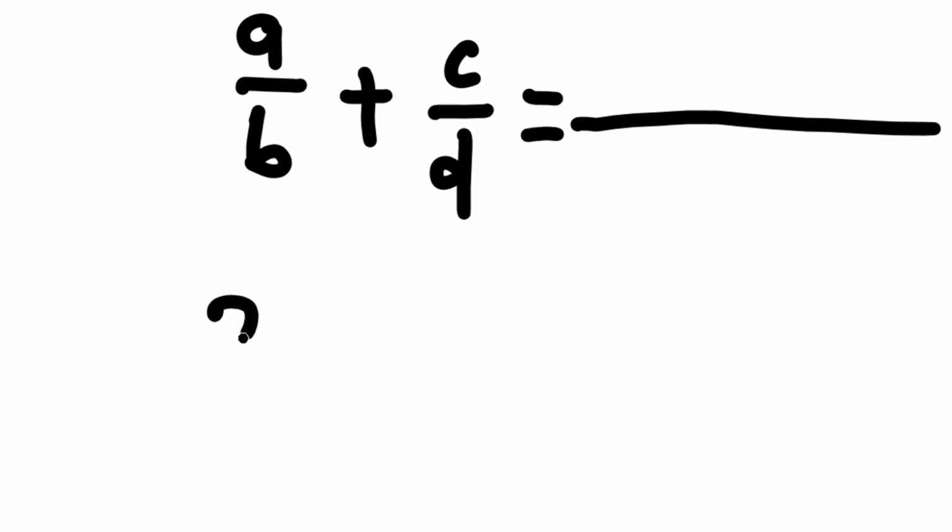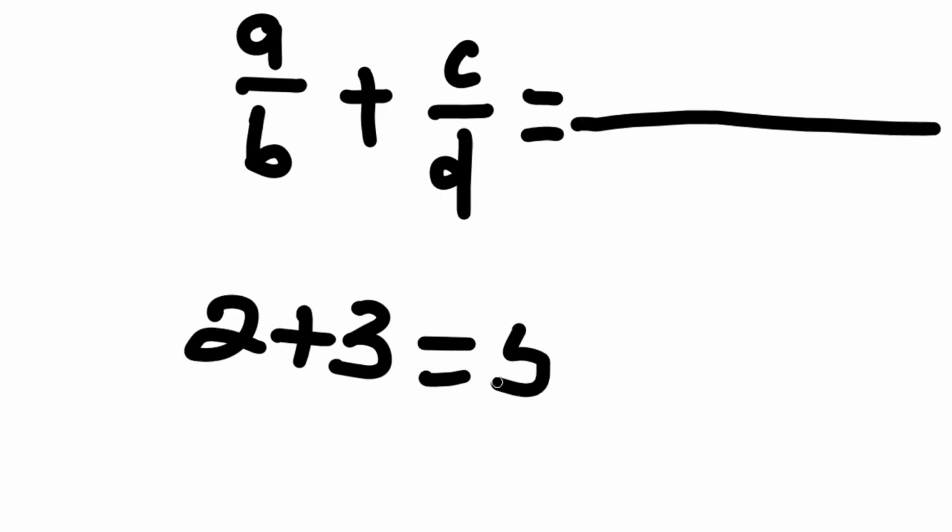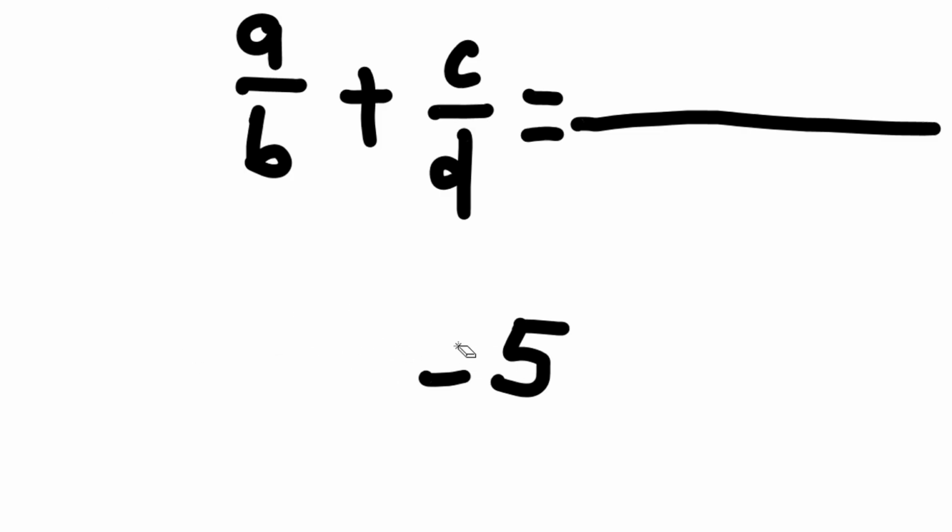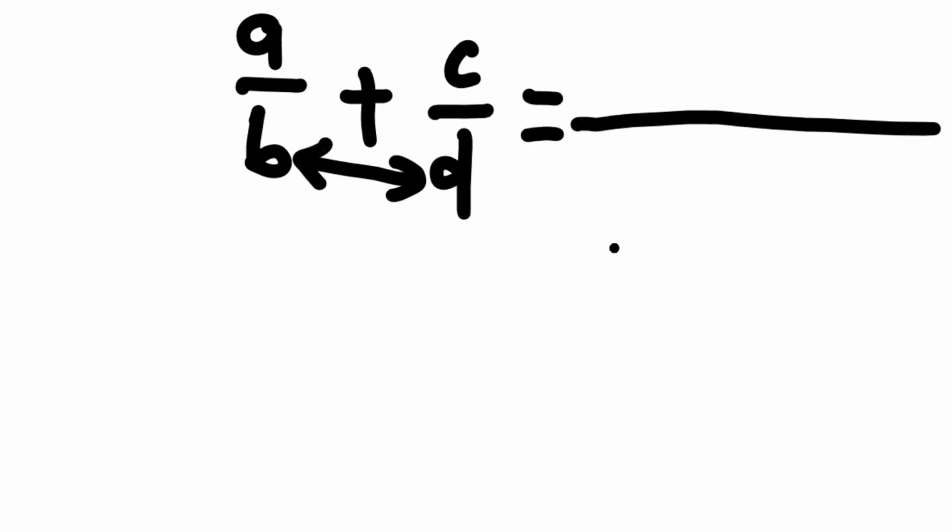Just like how we do normal 2 plus 3, you add them together, you get 5. For rational fractions too, it's possible to do that, but we are going to start with what we know from fractions. When you are doing addition, for the denominator, you multiply the denominators among themselves, so it's going to be b times d at the bottom.